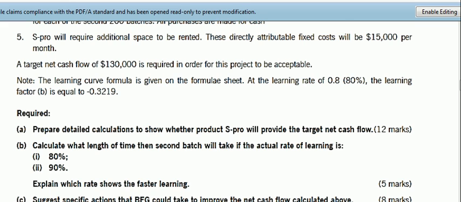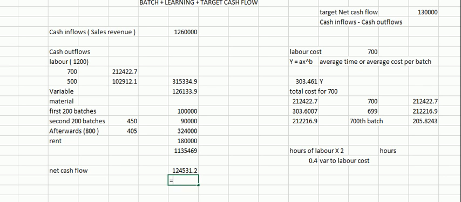Our target net cash flows were 130,000. This was our target, and this is what our actual cash flows look like. So therefore our answer should be no, target cash flows have not been achieved.